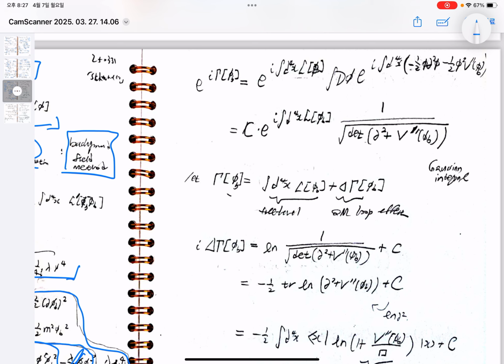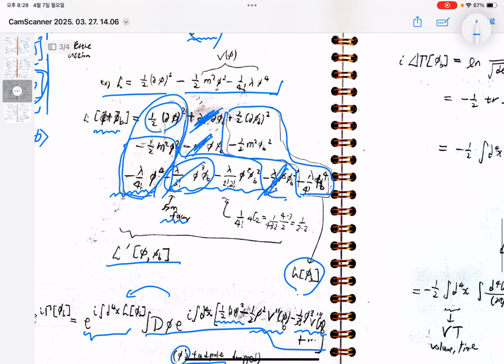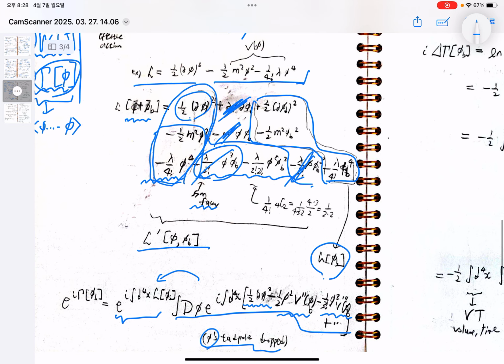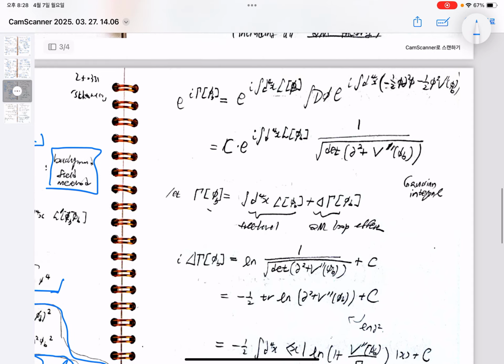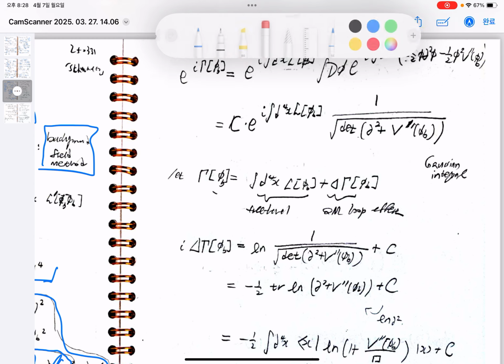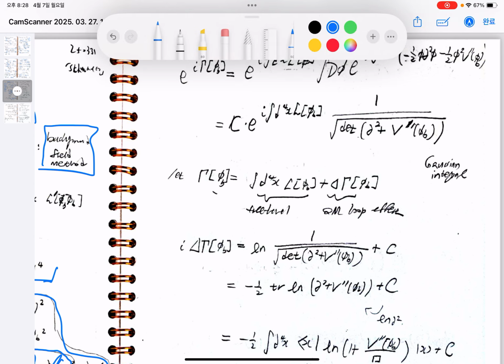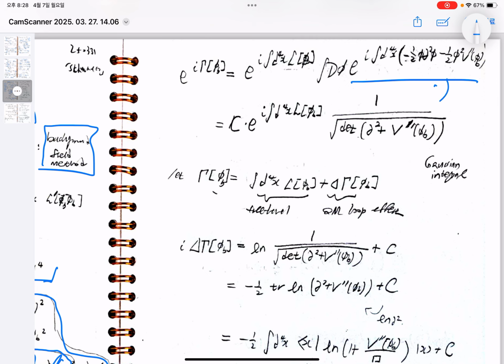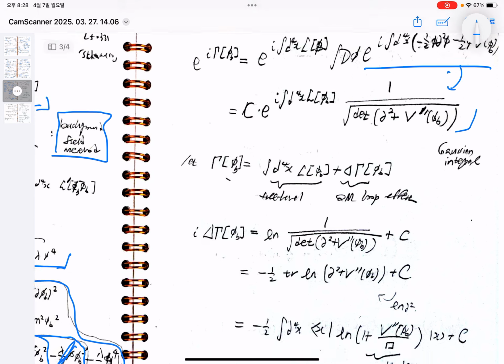Because we want to consider the second order term, only the second derivative terms remain here, and by the Gaussian integration for the quadratic term in the exponential, we can obtain such a determinant term.